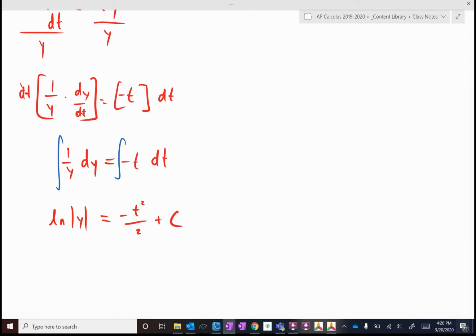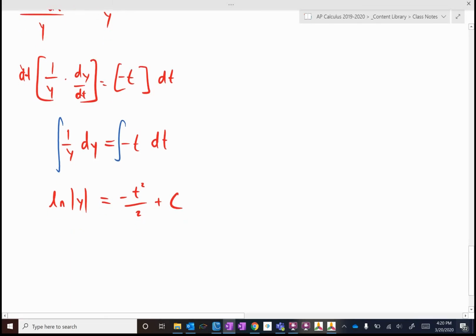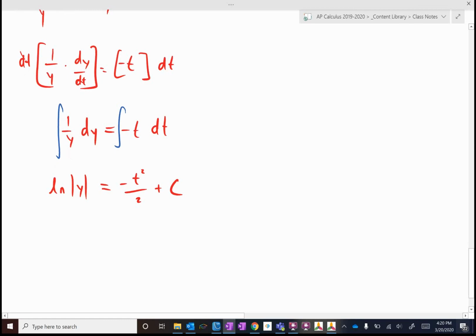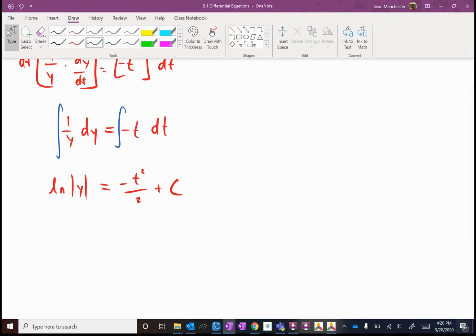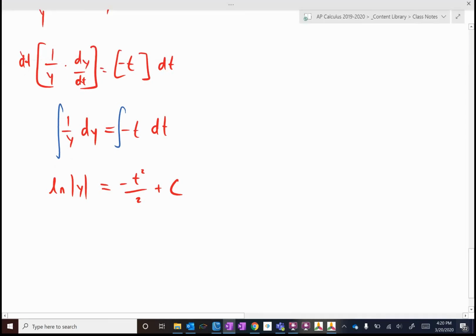So now I have natural log of y, and I need to solve for y. Well, how do we solve equations? Isolate the variable by performing inverse operations on both sides. So how do I undo natural log? Hopefully we remember that natural log is the inverse of base e. Really, natural log means log base e, and log base e cancels out base e.